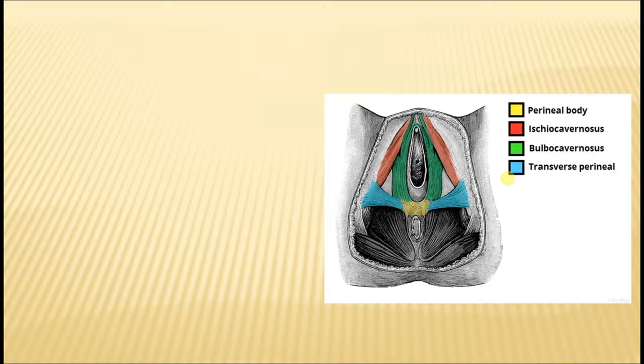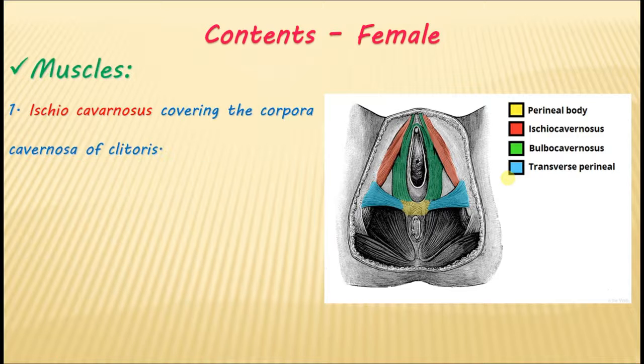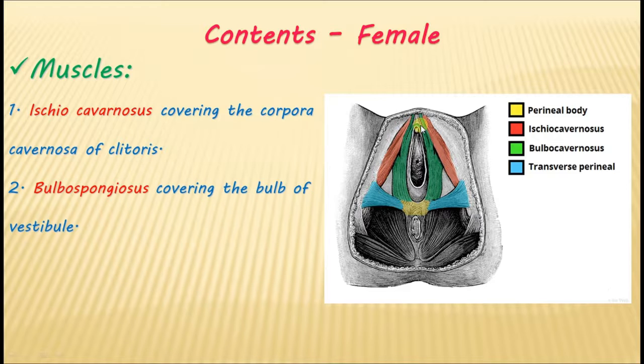So mainly the muscles: the ischiocavernosus muscle covering the corpora cavernosa of the clitoris, and then the bulbospongiosus muscle covering the bulb of the vestibule.